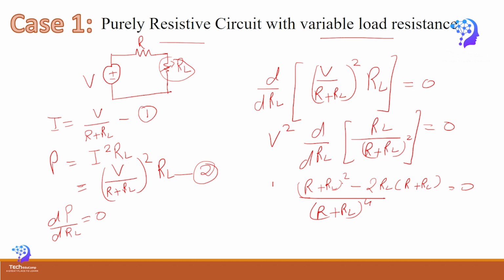Now I take R plus RL common, so it will be R plus RL minus 2RL equal to 0. One power gets cancelled, and it will be R minus 2RL, sorry, R minus RL equal to 0.